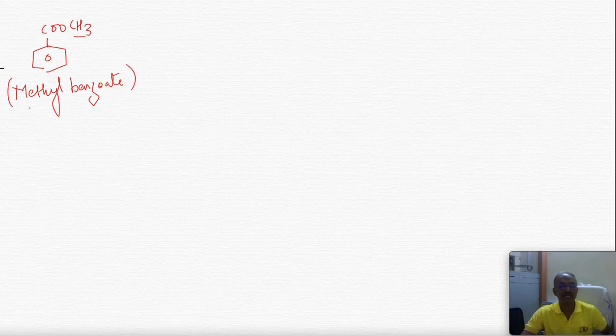Methyl benzoate is the common name, but what is the IUPAC name?